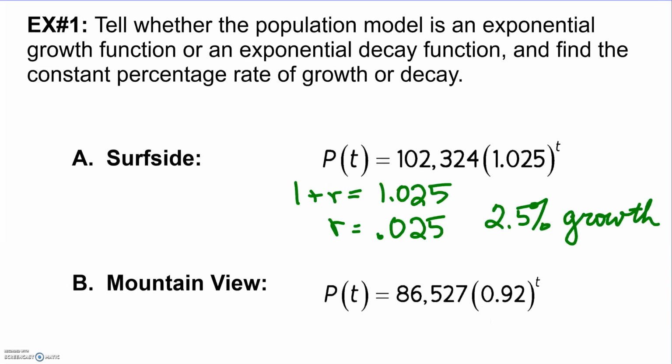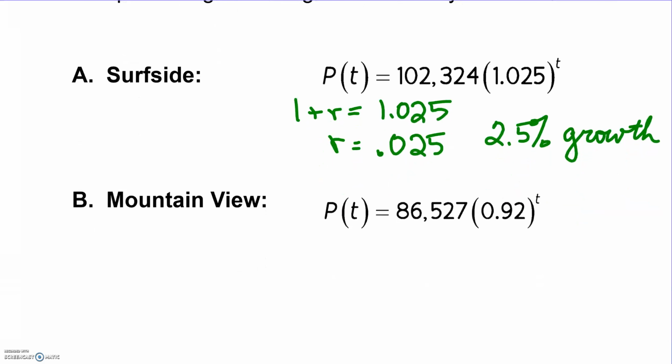However, if you look at the second city here, Mountain View, here the 1 plus R is this 0.92. So that would mean that R is 0.92 minus 1. You're subtracting 1 from both sides, which would be negative 0.08.